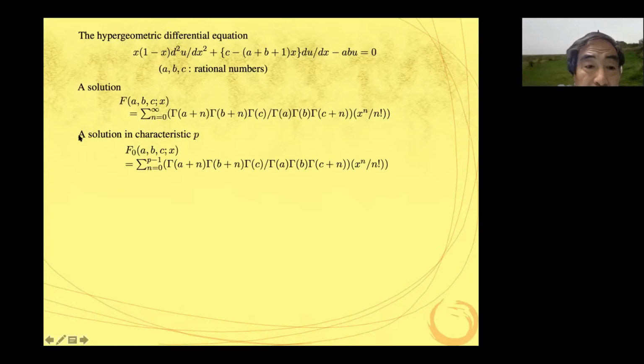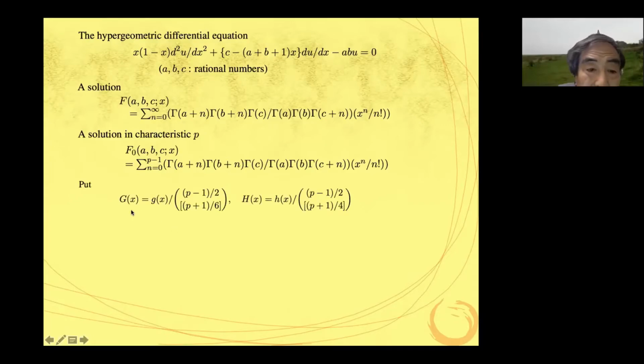Now we consider this solution in positive characteristic. So I cut off until the degree p-1 term. We consider such a polynomial. This is of course a formal power series, but this is just a polynomial.